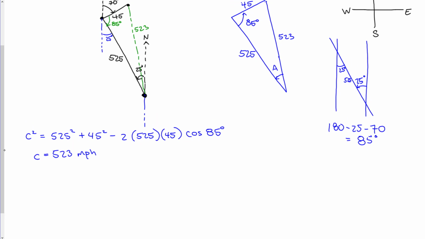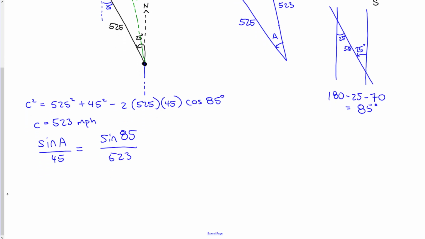So what I will do is take the sine of A divided by 45 and set that equal to the sine of 85 over 523. Now, if I solve using the law of sines, I have sine of angle measure A is 45 sine 85 degrees divided by 523.